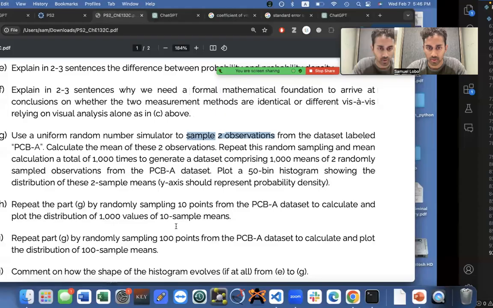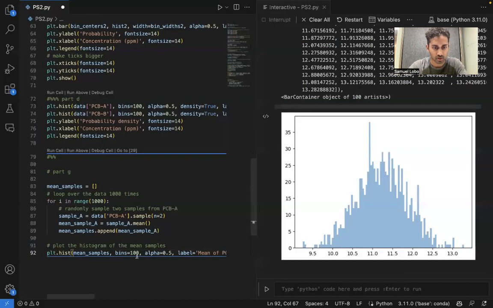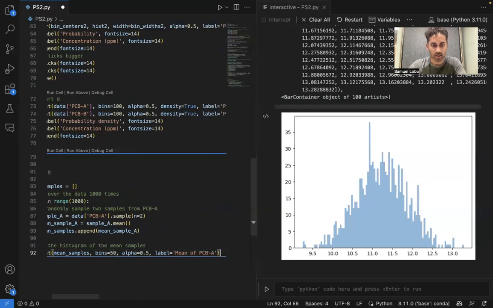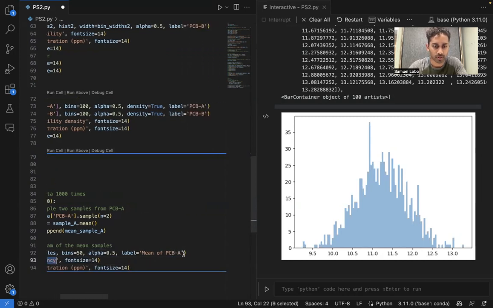Okay, so what do we have to do? Plot a 50 bin histogram showing the distribution of these two sample means. So let me change the bins to 50, and let me add some labels. It said it wanted it to be a probability density, right?